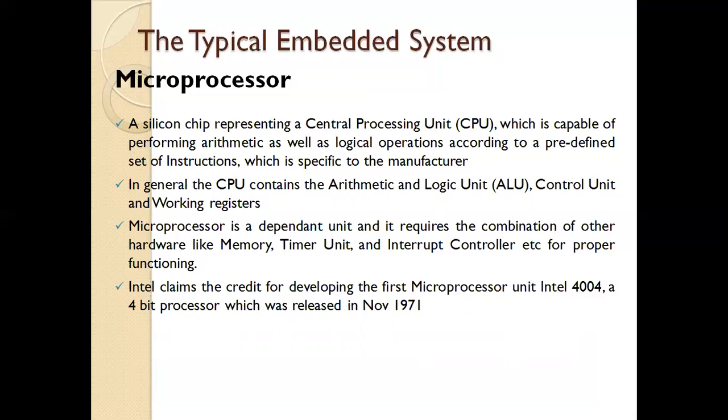The first microprocessor was Intel 4004, a 4-bit processor released in 1971.